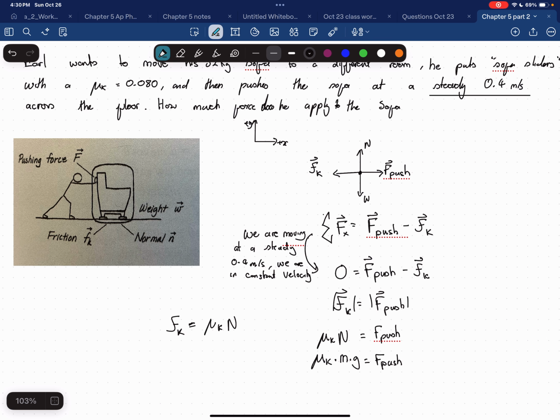So the physics is done. Now just get a calculator. Make sure they're all in SI units so you can get a good Newton. And by the way, mu sub k and mu sub s are dimensionless coefficients, meaning they have no units.